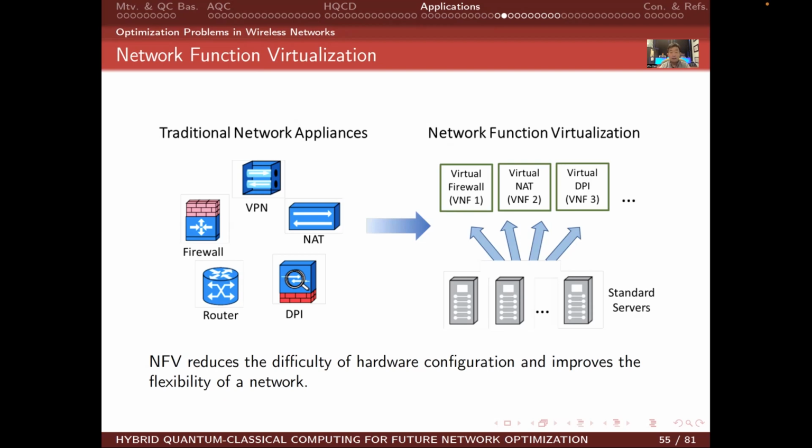With network function virtualization, basically, they can have all these functions virtualized. So the service provider, instead of owning all these components, will try to find the available resources on the net, utilize them, and satisfy the user's requirements.